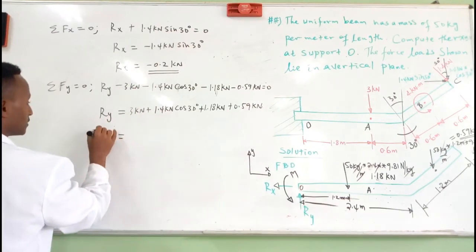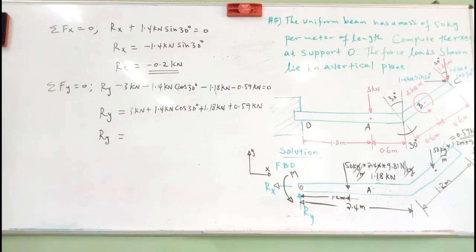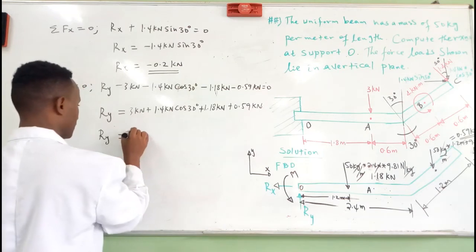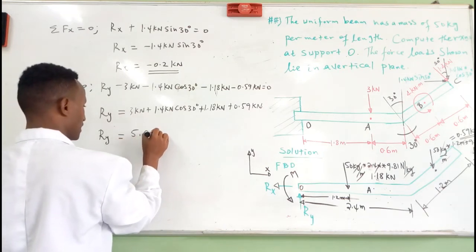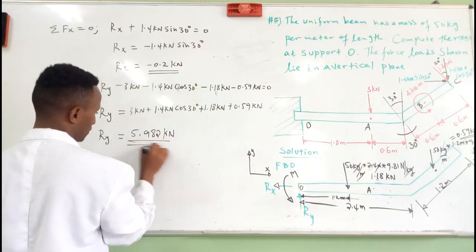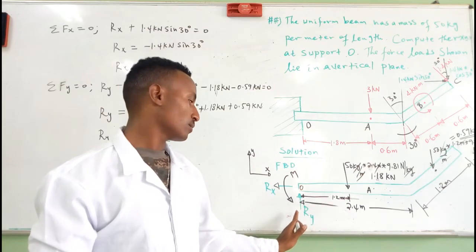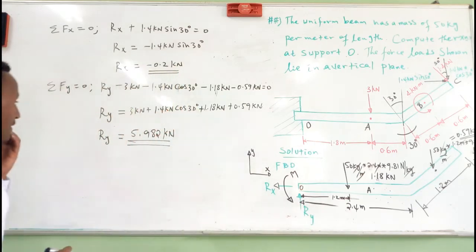Ry, the reaction force along y direction, becomes 5.982 kilonewton, positive. So our assumption is correct. Ry is along positive y direction.